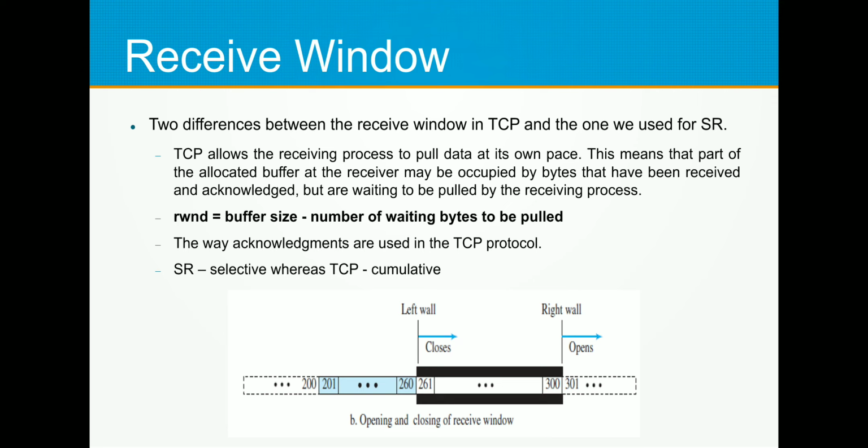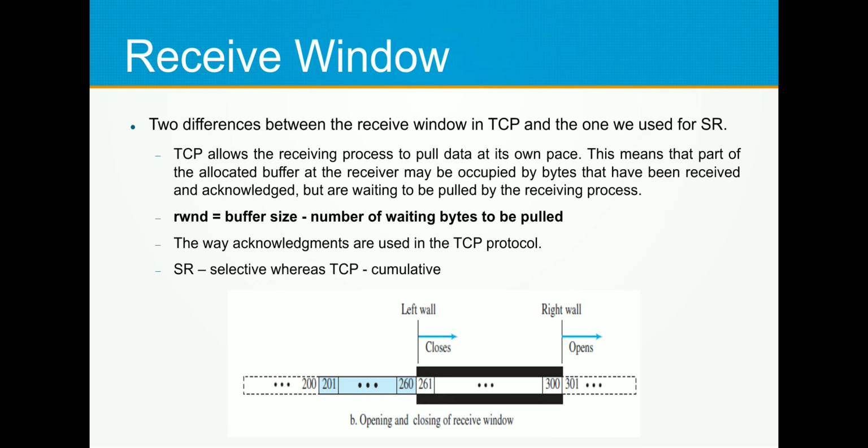In selective repeat, the acknowledgements are selective, like every fifth segment we will send an acknowledgement. Whereas in TCP it is cumulative. So if I send an acknowledgement for byte 250, then it is saying that I have received all the bytes up till 250. That's what we mean by cumulative.